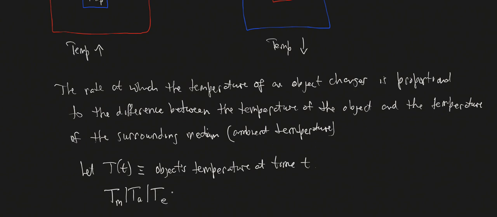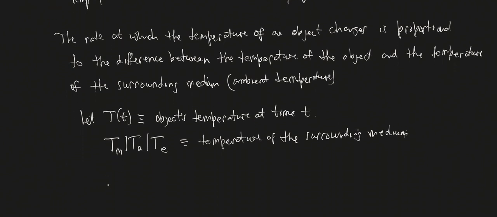Any of these can be used to represent the temperature of the surrounding medium. And as I stated earlier, it could be a constant, or it could also be a function of little t.